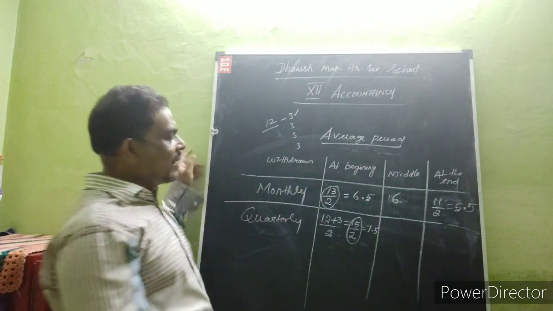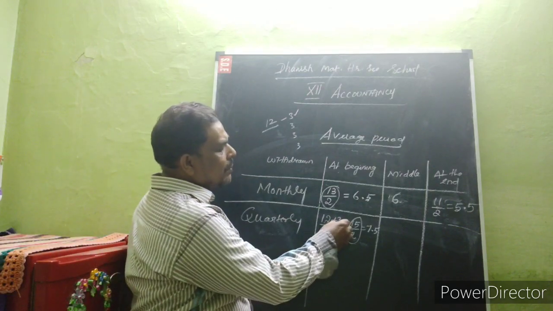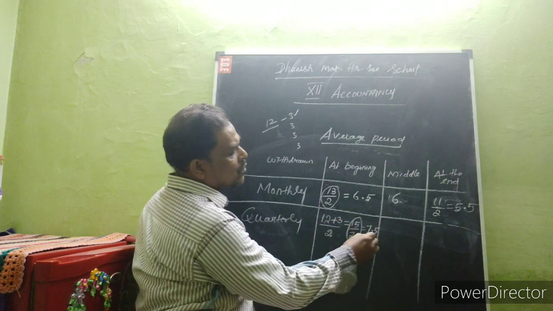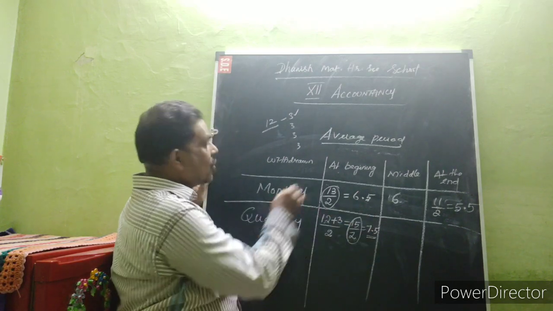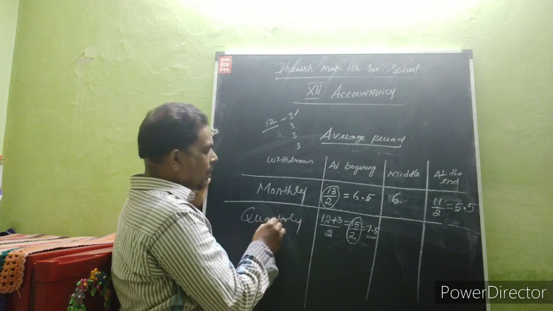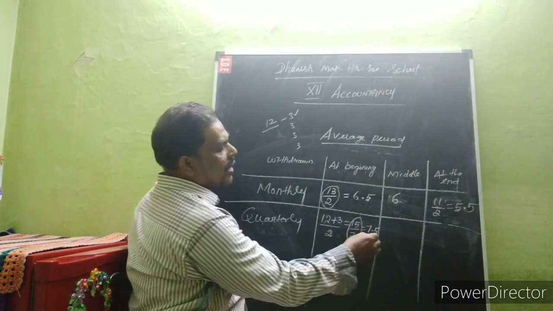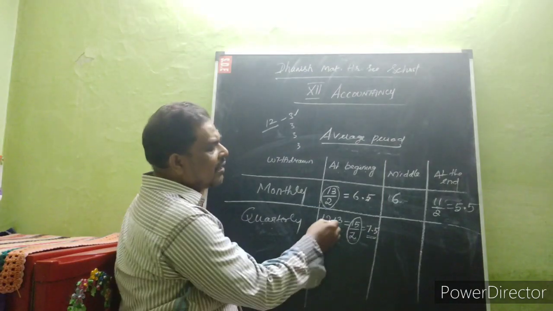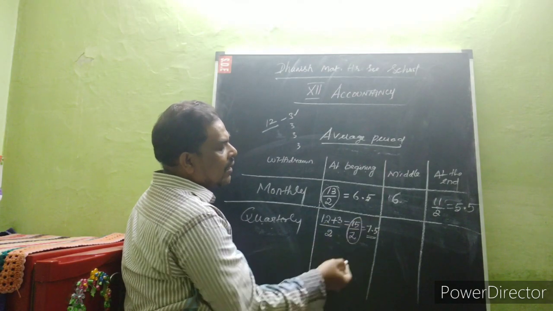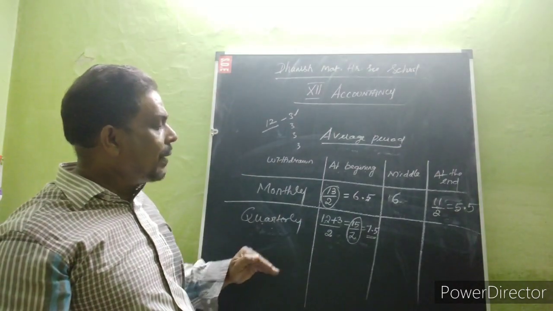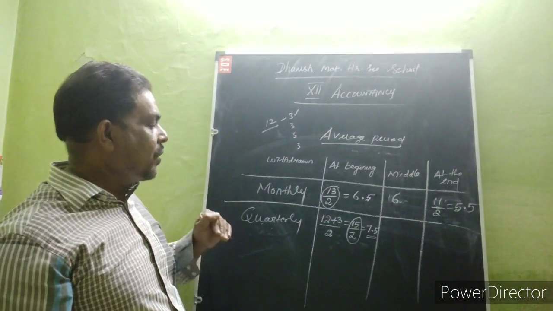Like that, 12 plus 3 months, because quarterly means 3 months. 12 plus 3, 15 divided by 2, so 7.5. So if any partner is drawing at the beginning of every quarter, you have to use 7.5 or 15 by 2. Now middle means what will happen? 3 months will be reduced.